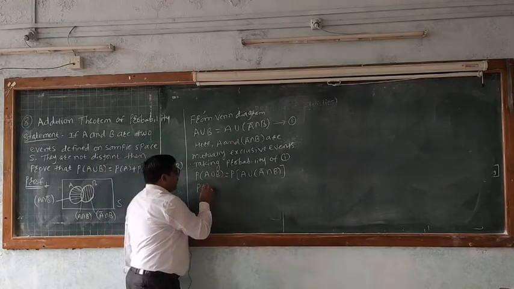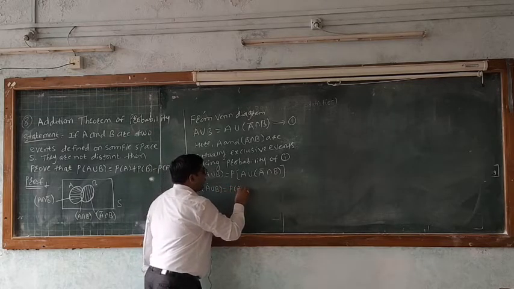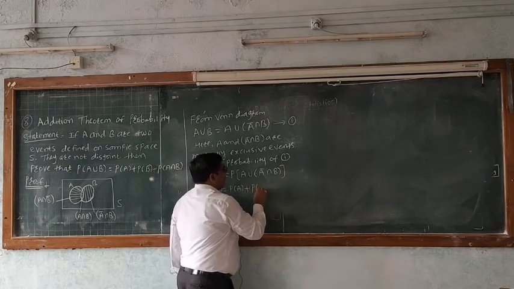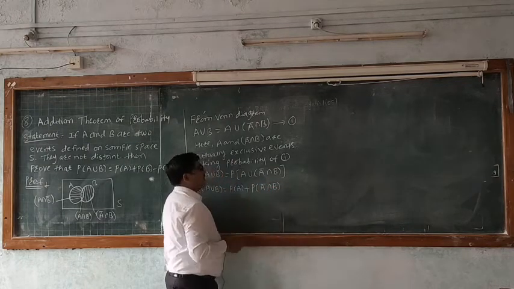Now probability of A union B equal to P of A plus probability of A bar intersection B, right?